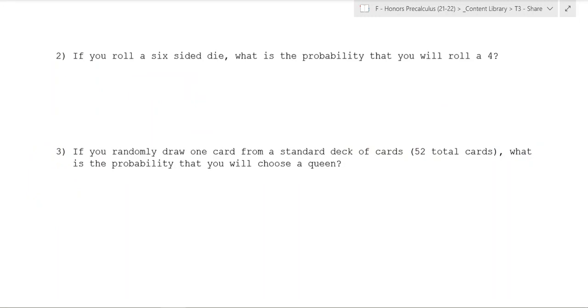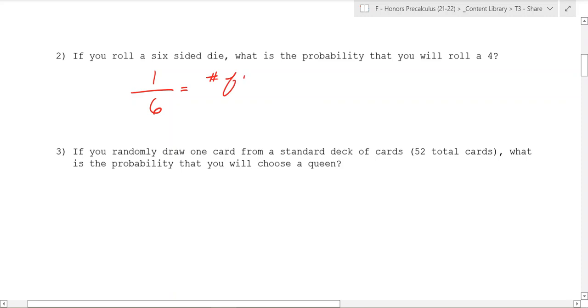So here's a probability question you might have worked out before. If you roll a 6-sided die, what's the probability you will roll a 4? Well, there's only one 4, and there's 6 possible things that can be rolled. On top, you have the number of winners, the number of ways to win. There's only one way to roll a 4, and then it's the number of possible outcomes.